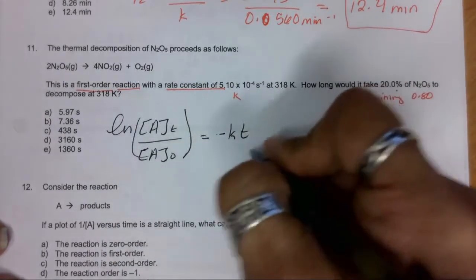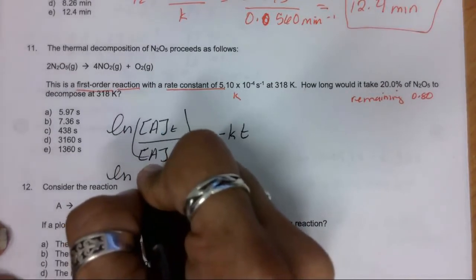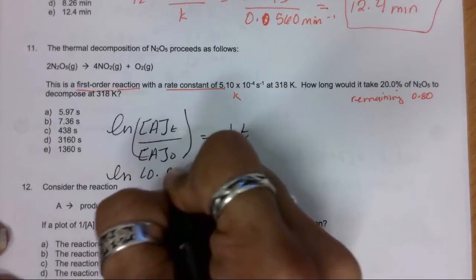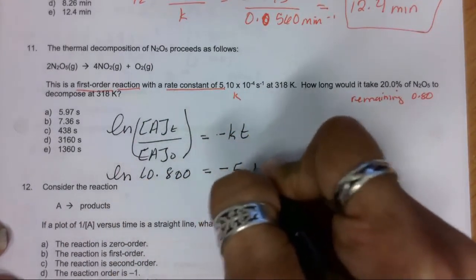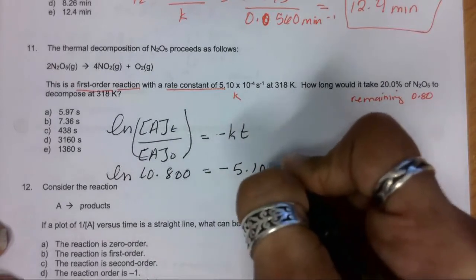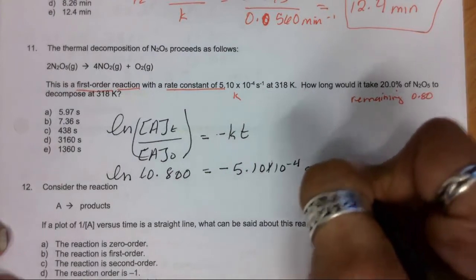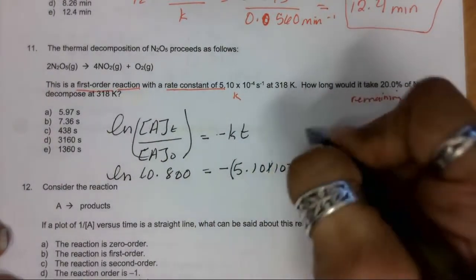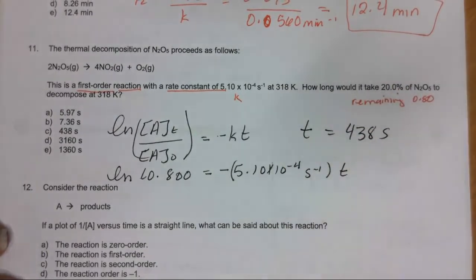So I'm going to take the natural log of 0.800, which is equal to negative 5.10 times 10 to the negative 4 times t, and again you rearrange for time, and that's 438 seconds, and that's our answer.